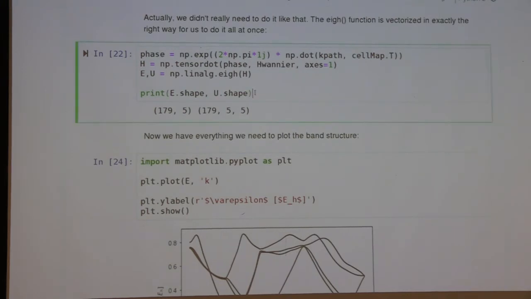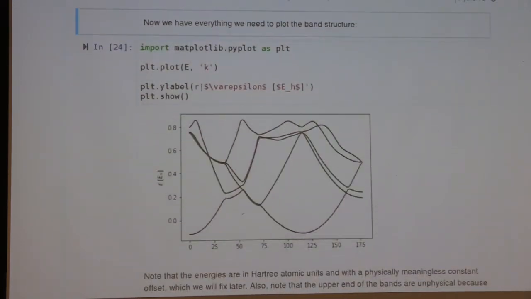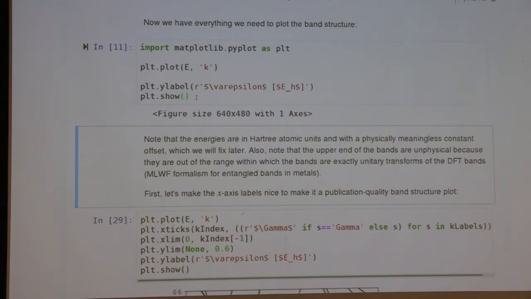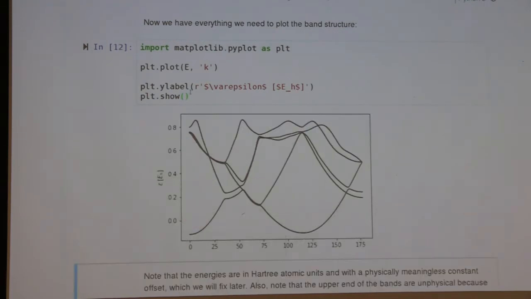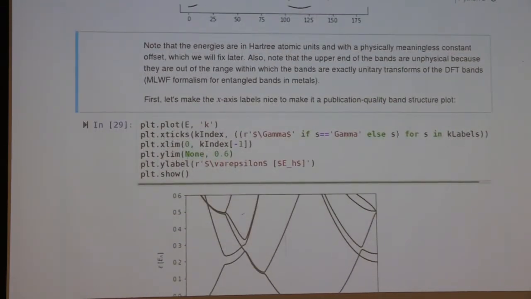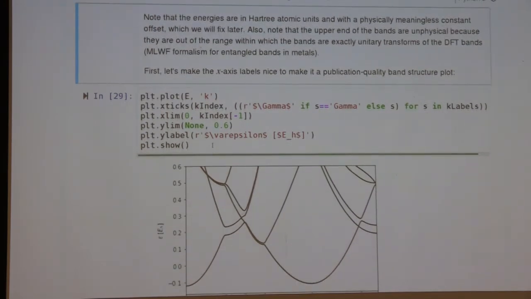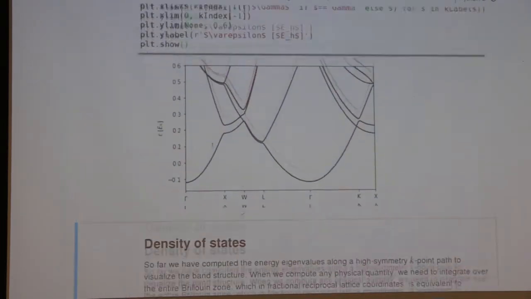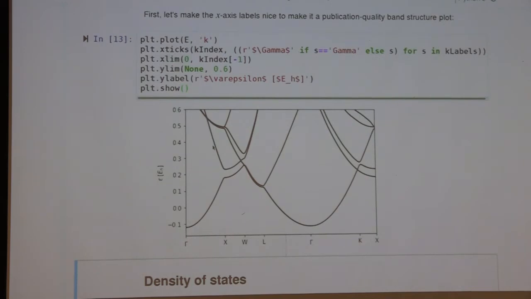We showed that we could vectorize that much more easily just using how the eigenvalue function in Python is vectorized. And so you can do that in a single shot and not have to loop over k-points. And then when you plot that, you get the band structure. Right? And we just cleaned up the plot a little bit, and that's where we had stopped. Right? So any questions up to that point before we move forward?